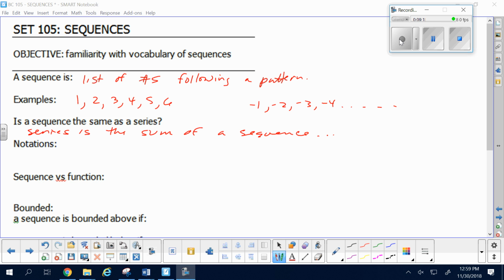Notation: by far the most common notation is terms are named with an a and a subscript to denote the term number. So a sub n means the nth term.